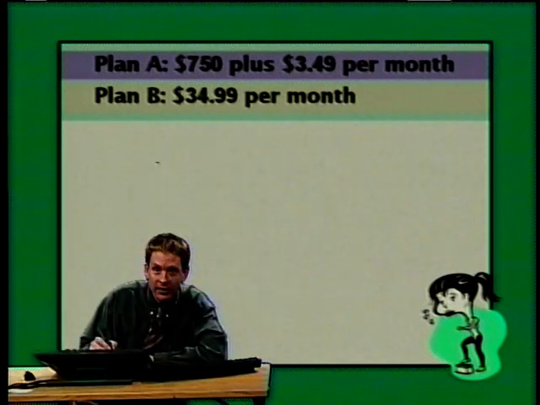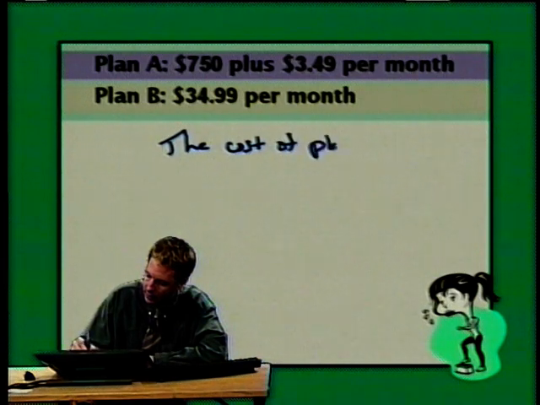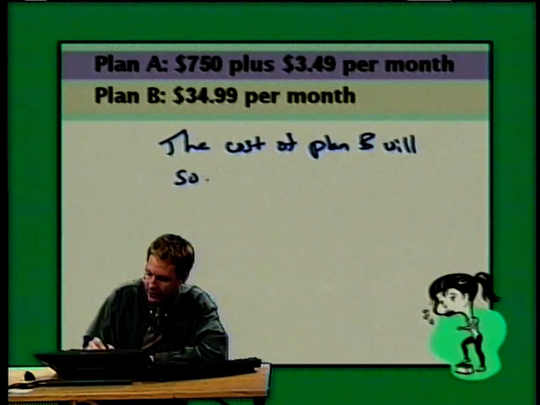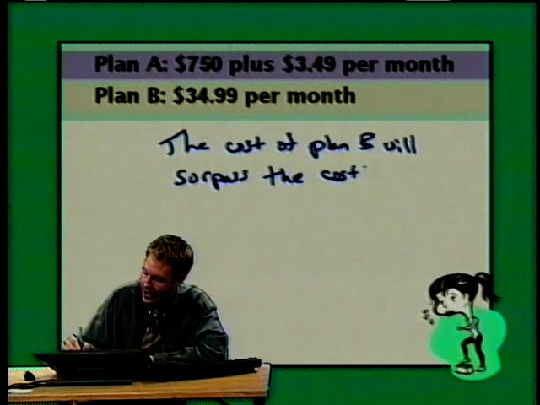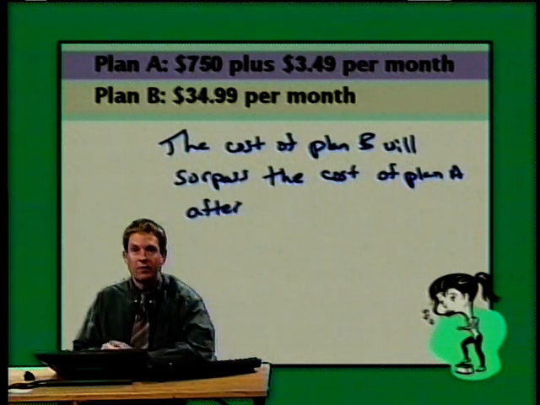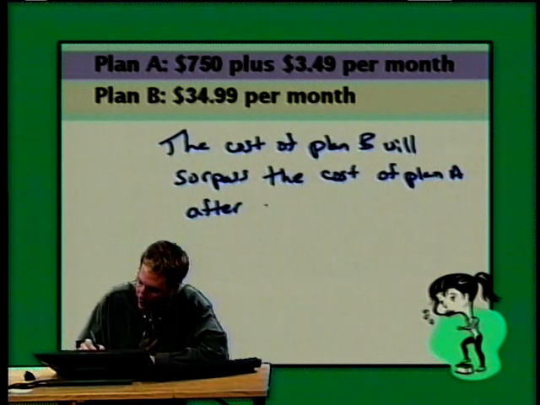And the answer is that the cost of Plan B will surpass the cost of Plan A after, well, what's the first number of whole months greater than 23.8? That would be 24, after 24 months.